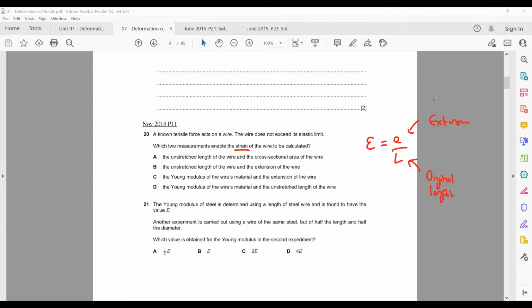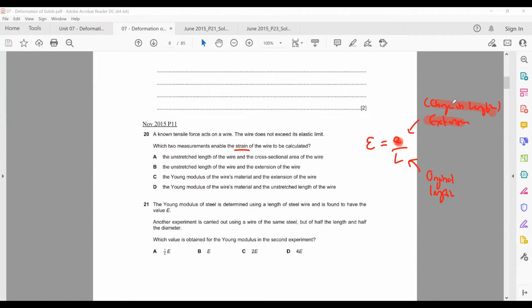In the notes, I think I wrote it as change in length. Change in length is the general term. Extension is a more specific one because you know that change in length can be extension or compression, right? So it doesn't matter which one, just as long as you know that this one is either one of these two.